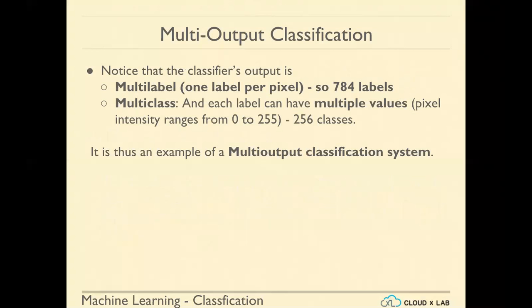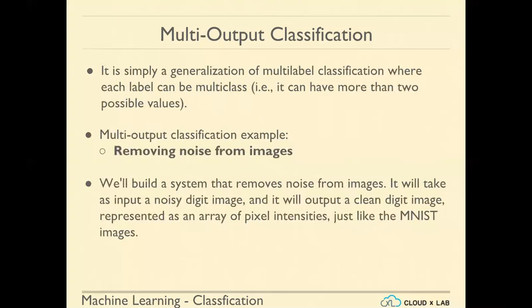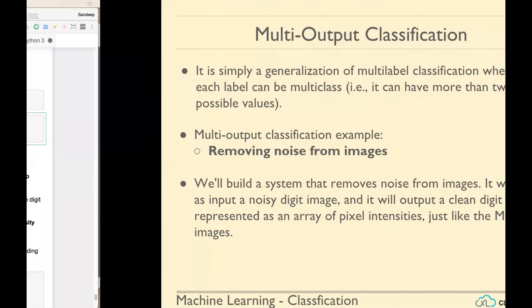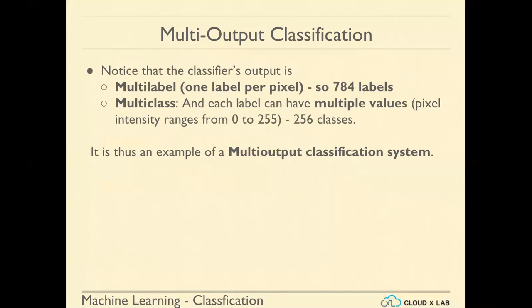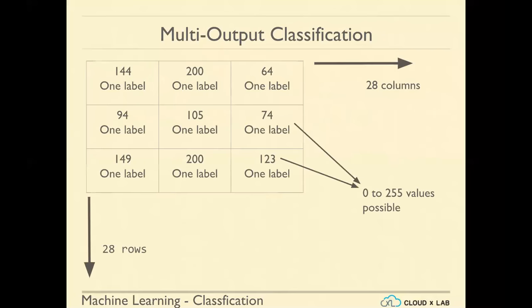So basically, let me just go back to the notebook. All right, so there are going to be 784 labels, and each label is going to have multiple values from 0 to 255. It is thus an example of a multi-output classification system. So let's take a look at this.